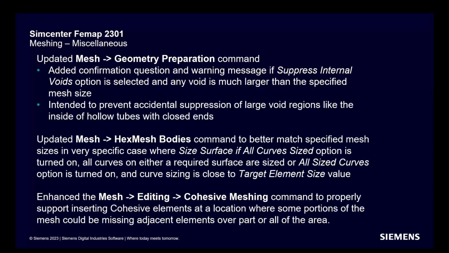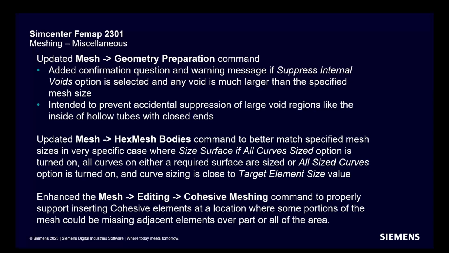If, for example, you have a solid with hollow sections in it, you might not have known that it was previously being filled in by the preparation commands. So now there's control over that. Like this says here, it's basically just helping you prevent accidentally suppressing a void or something like that.